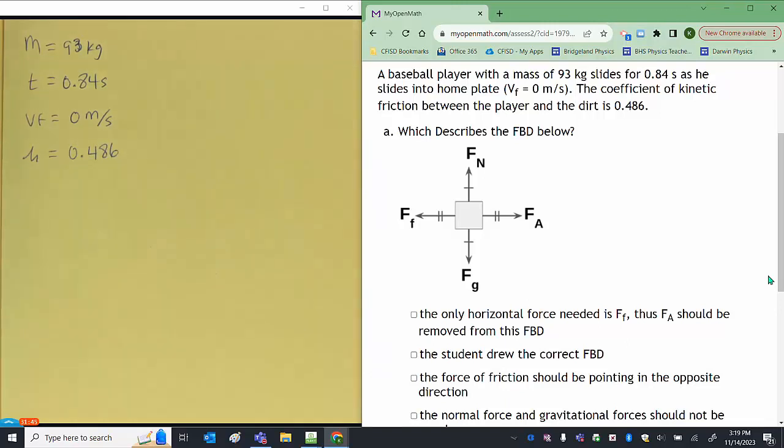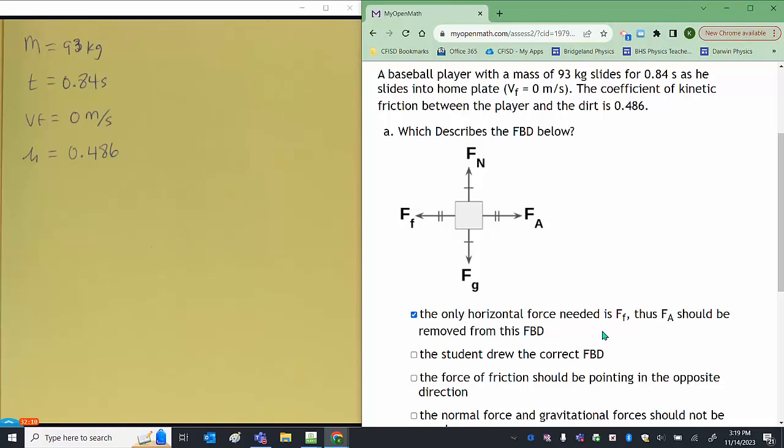Okay, so which describes the free body diagram below? Okay, this free body diagram would either show a baseball player at rest or a baseball player moving at constant velocity, but that's obviously not the case because this player is sliding until he stops. So this is not what I should see for somebody sliding. Okay, the only horizontal force needed is FF, thus FA should be removed.